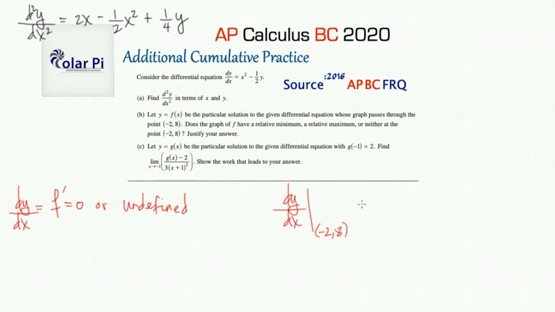When we plug in x is -2 and y is 8, we get (-2) squared minus 1/2 times 8, so that's 4 minus 4, which is 0. So check.